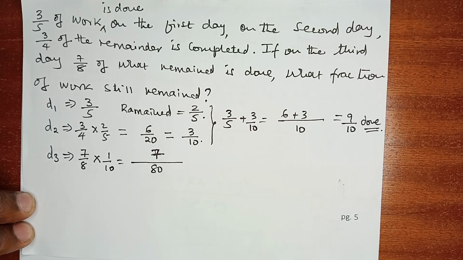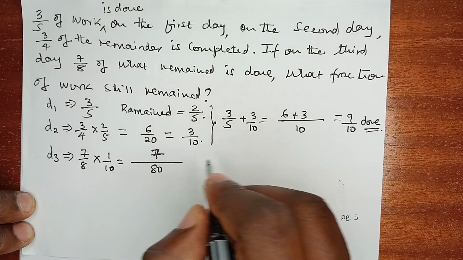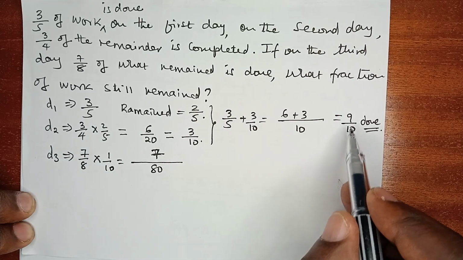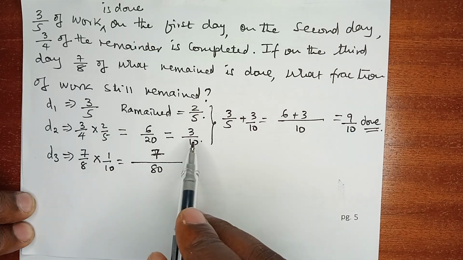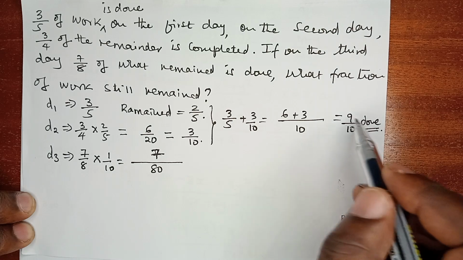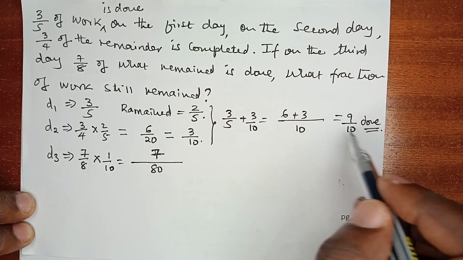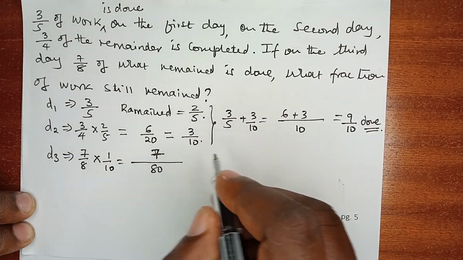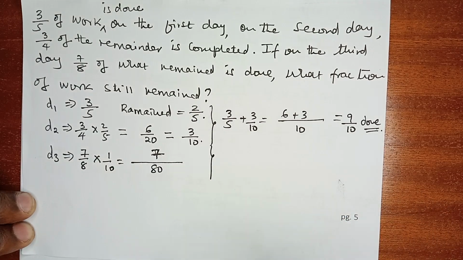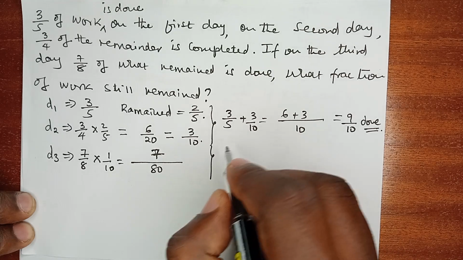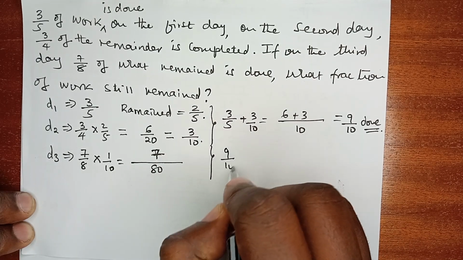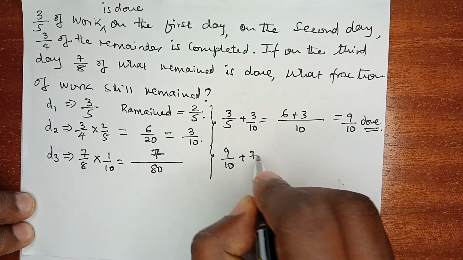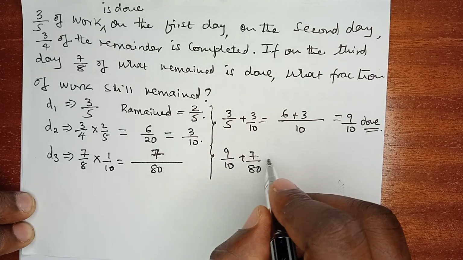So let us now find the entire work done in day 1, day 2, and day 3. This is the work done in the first and second day, so if we add the work done in the first, second, and third day, we just have 9 out of 10 plus 7 out of 80.